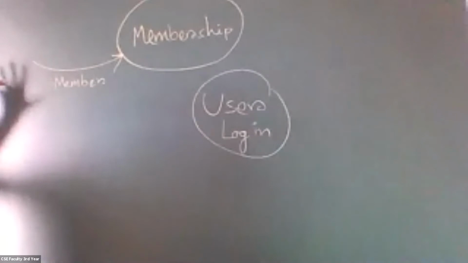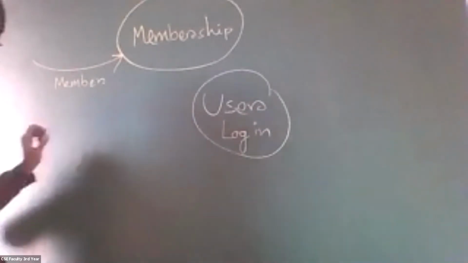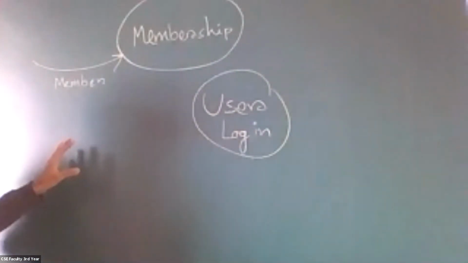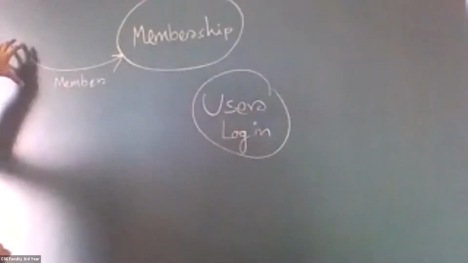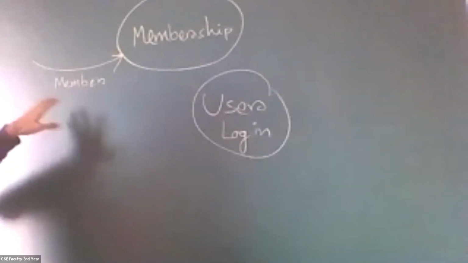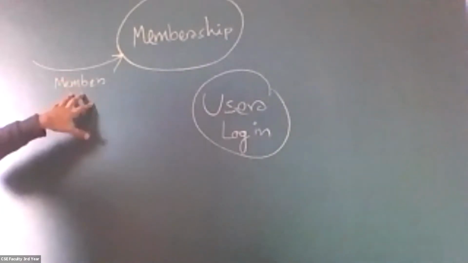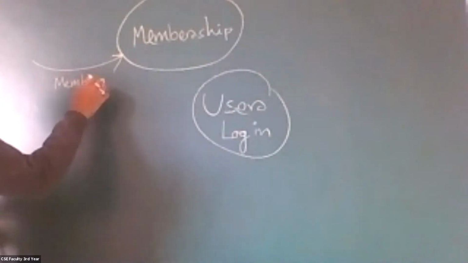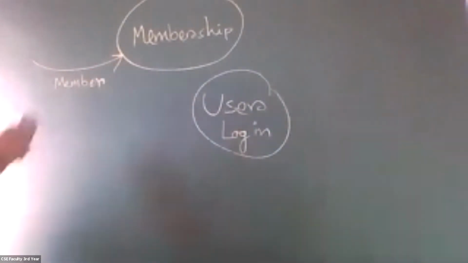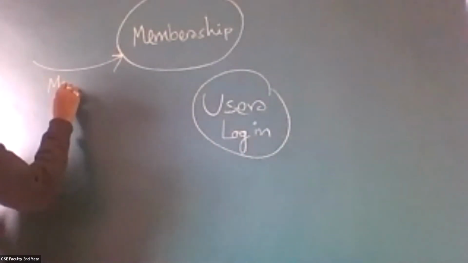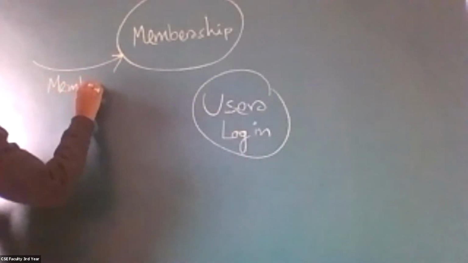So I'm not showing any external entity here. Without drawing an external entity, just take a data flow and mention the label, any kind of workflow that it is going to perform. That is called membership request.